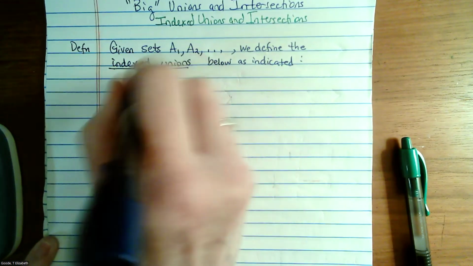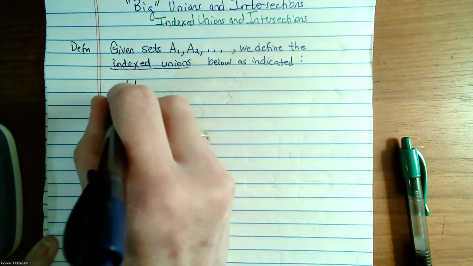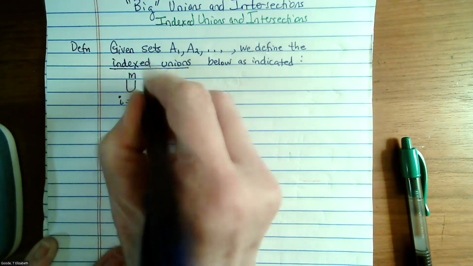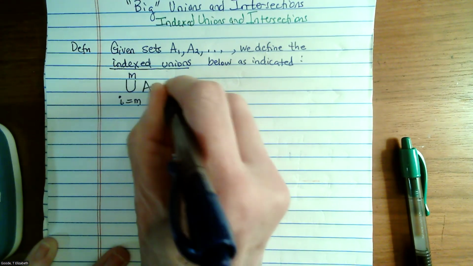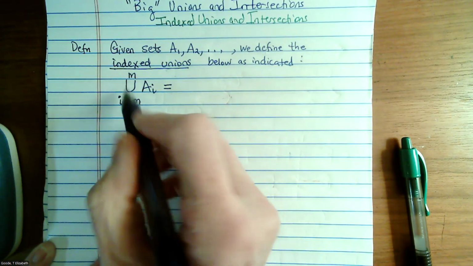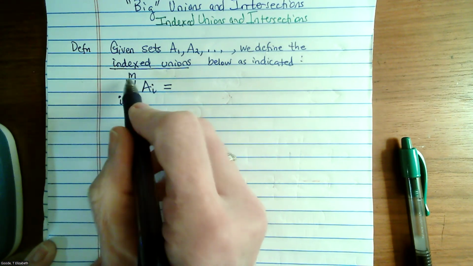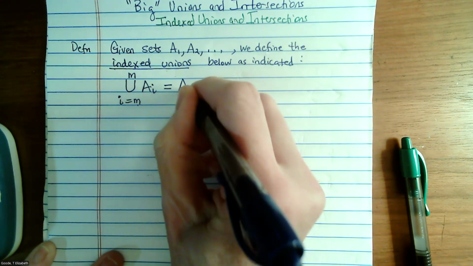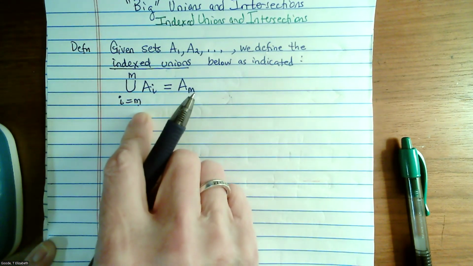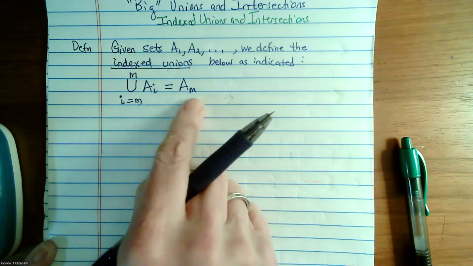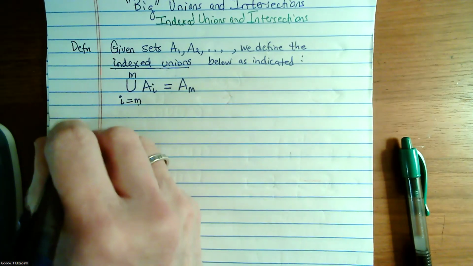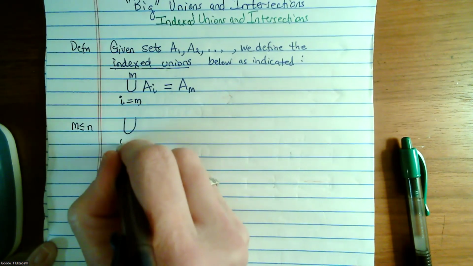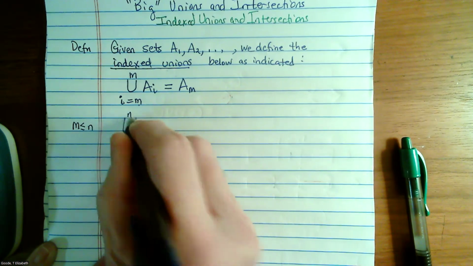Okay, so the union, say from i equals M to M, so same lower bound and upper bound, of A sub i. Well, same way with what we saw with summations. If the lower and upper bounds of the indexing variable are the same, it's just that single set in the case of set notation. It's just that one set, A sub M. But if M is less than or equal to N, we could say the union from i equals M to N of the A sub i.